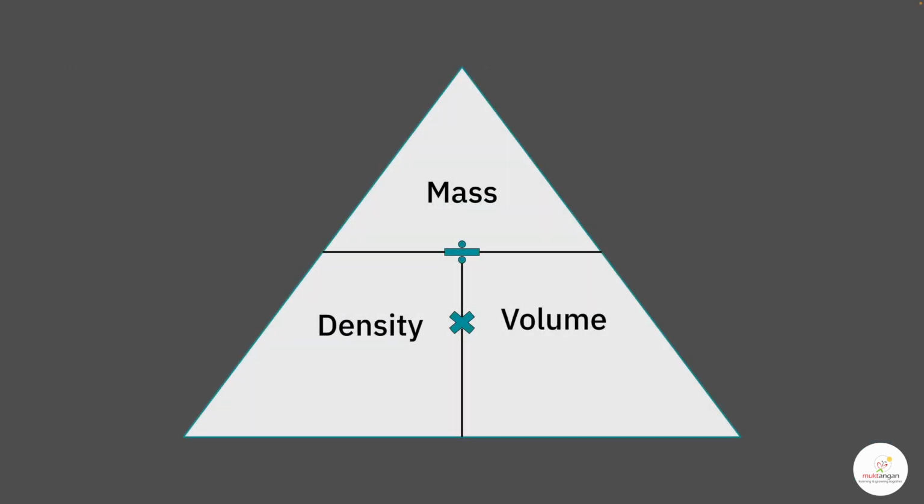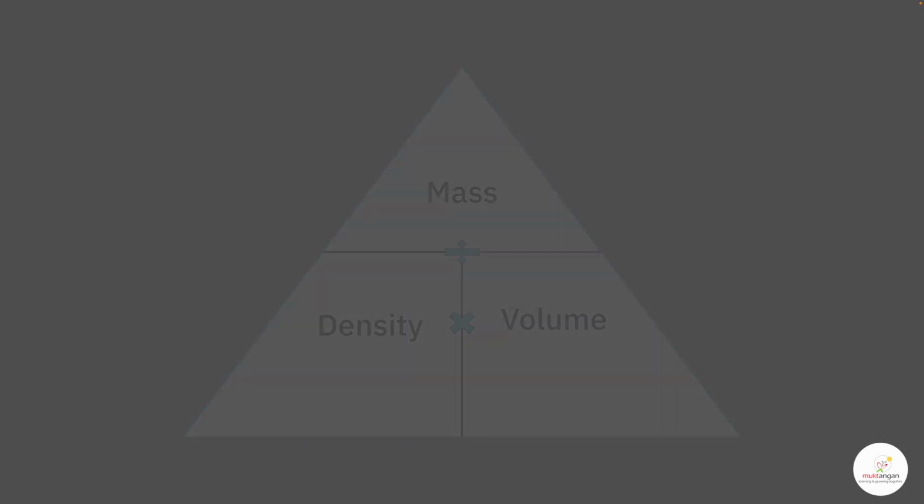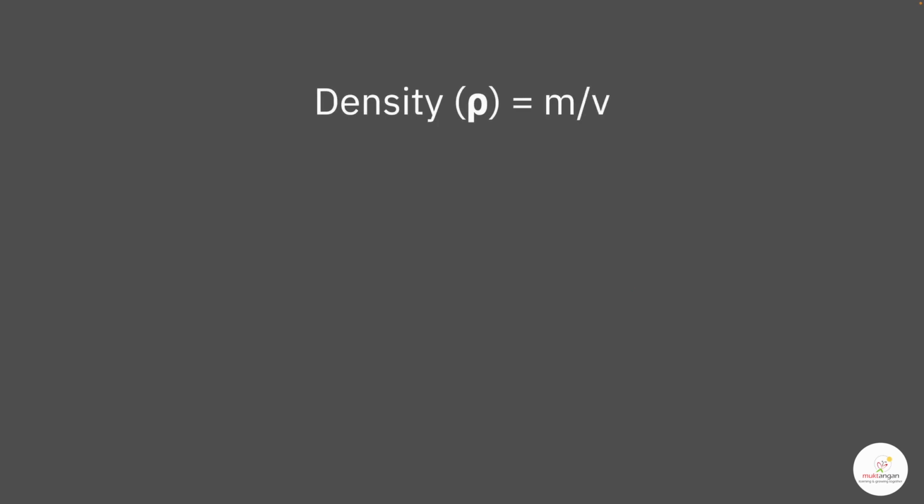This is a little formula triangle, a very simple way to remember. If you want to find the density, you divide mass by volume. If you want to find the volume, you divide mass by density. And if you want to find the mass, it's density times volume. So in our case, density will be mass over volume, or rho = m/v. Rho is the symbol used for density.